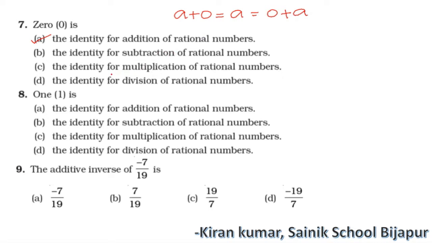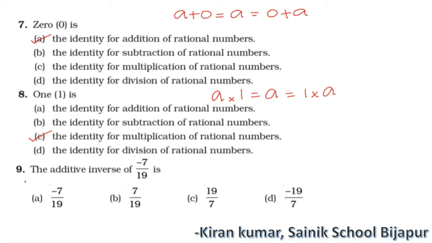On a similar note, we can answer the 8th one. 1 is the identity for multiplication of rational numbers. If I consider A multiplied to 1, this will be equal to A, which is the same as 1 multiplied to A.